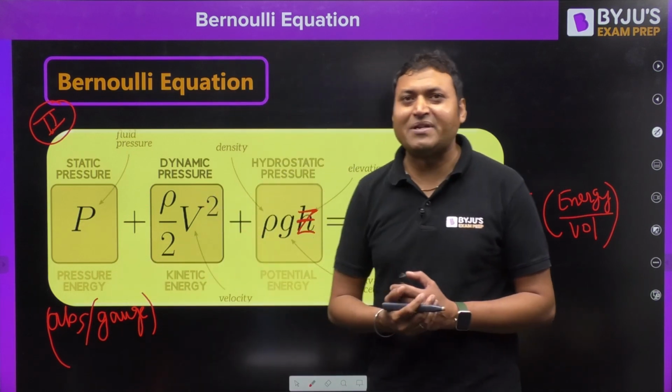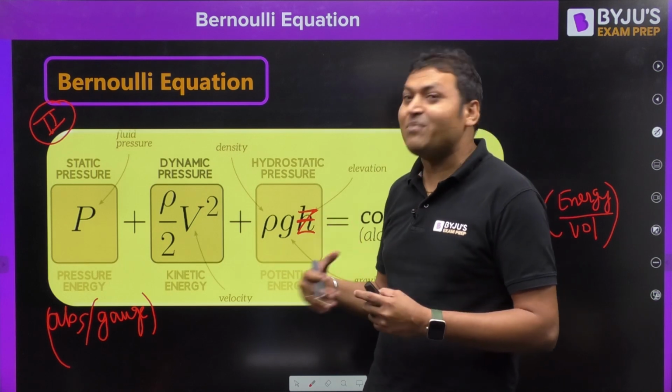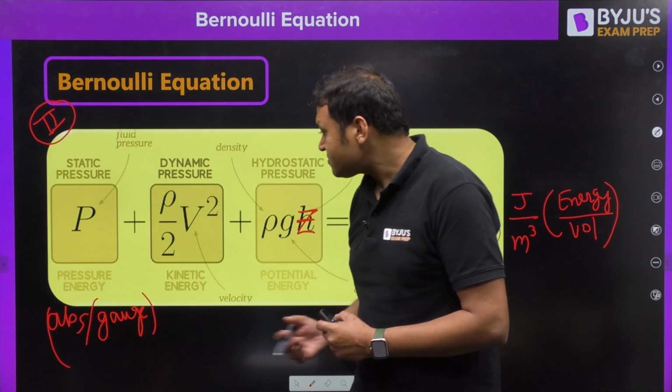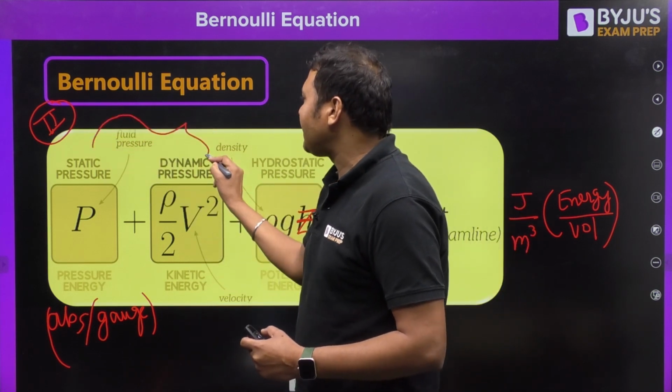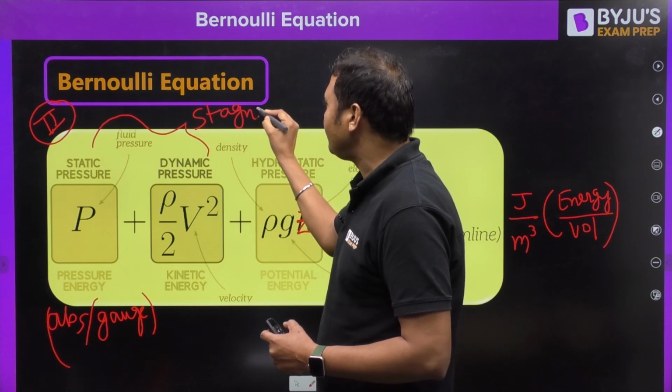The second term represents the dynamic pressure of the fluid, the pressure which is developed due to the velocity of the fluid. If we combine the static pressure and dynamic pressure, we obtain the stagnation pressure of the fluid.